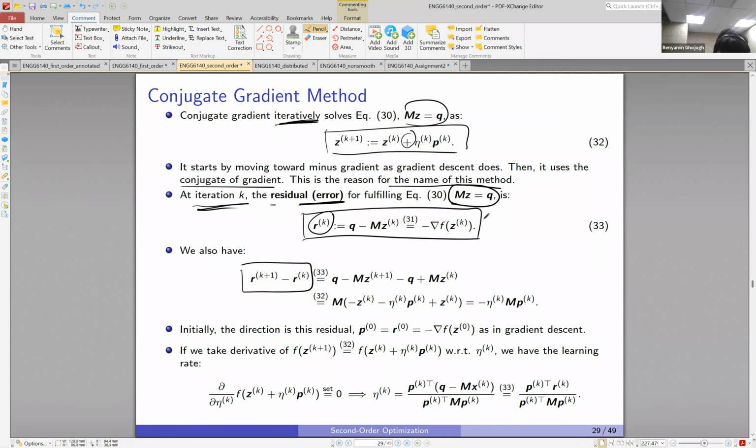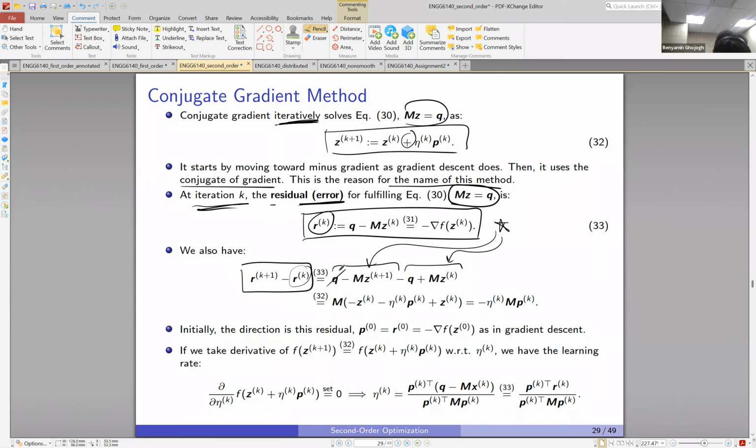Let's see. R k plus 1, according to this definition, is q minus m z k plus 1. Here we also have, according to this, R k is q minus m z k, but we have minus here, therefore it's minus q plus m z k.